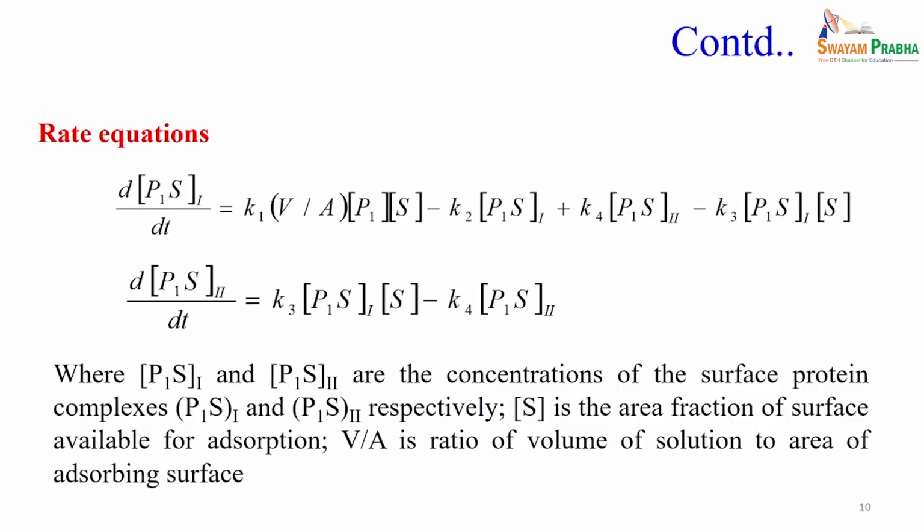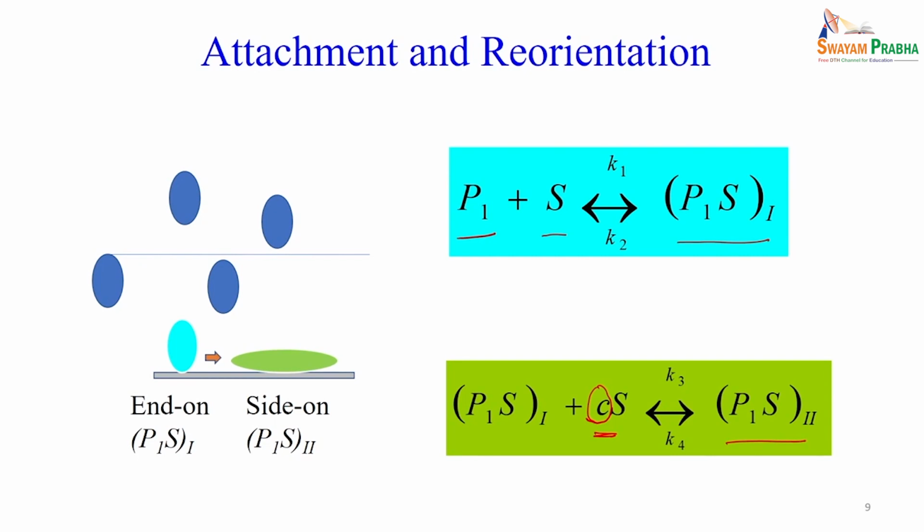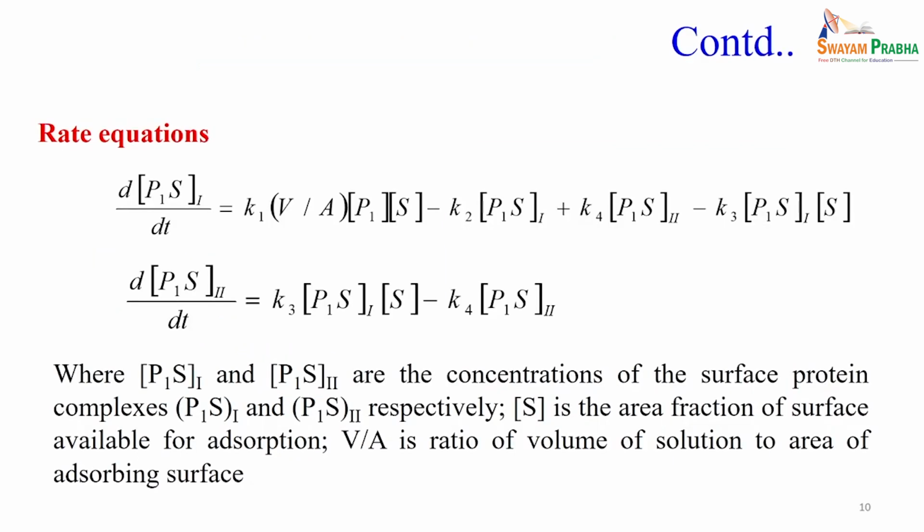Now, depending on those equations, we can write the rate equation. So, rate equation will be P1 plus S K1 K2 P1S1, it is taking some extra surface, it is going to the P1.